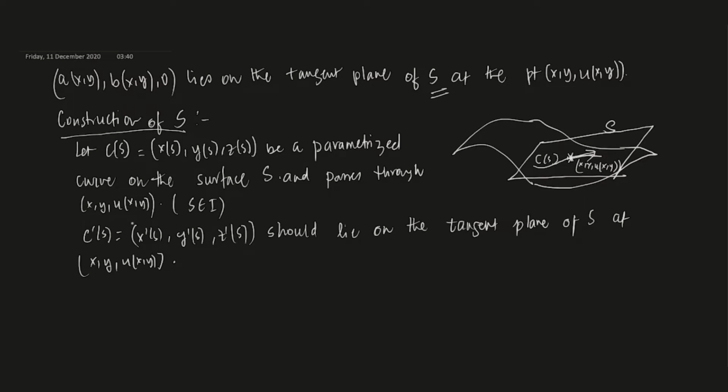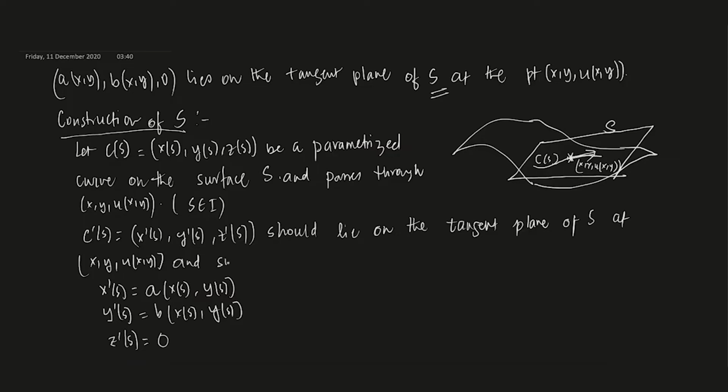We want this curve C(s) to be such that x'(s) equals a(x(s), y(s)), y'(s) equals b(x(s), y(s)), and z'(s) is in this case 0. We want this thing to happen.